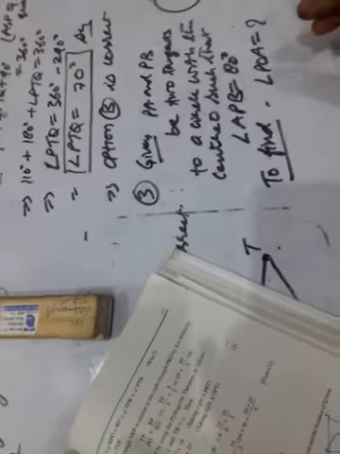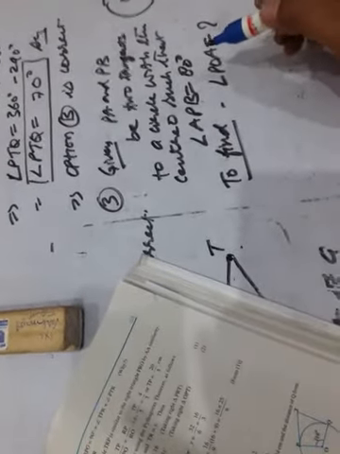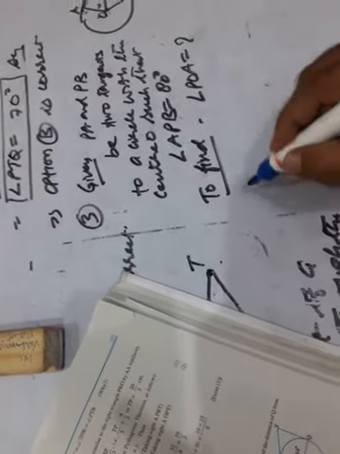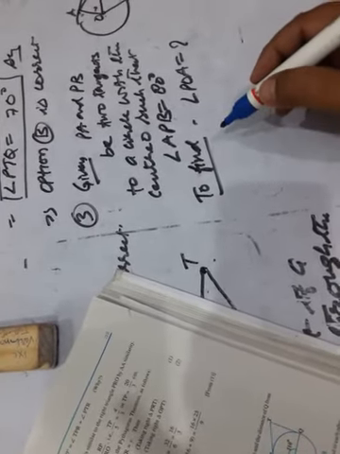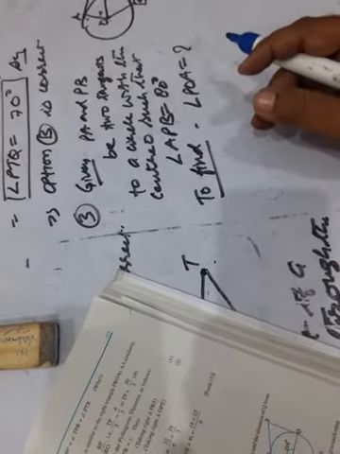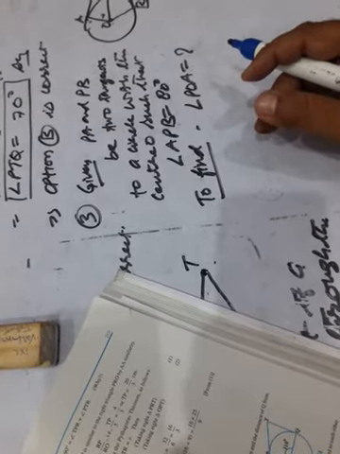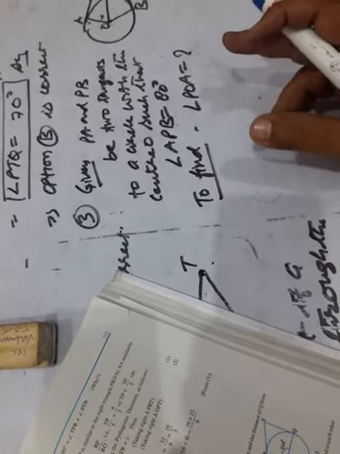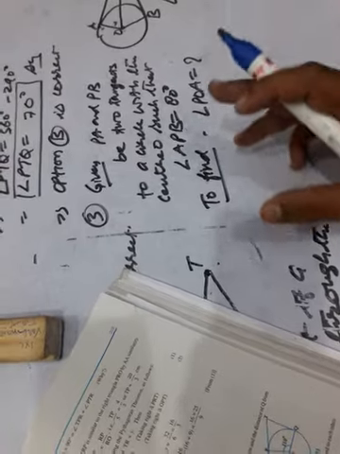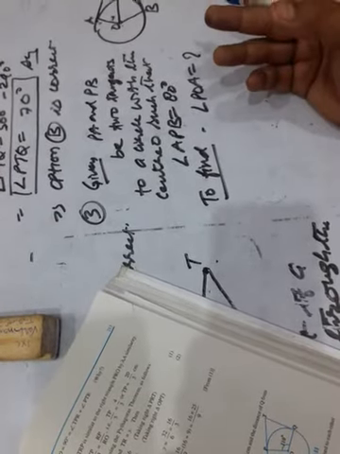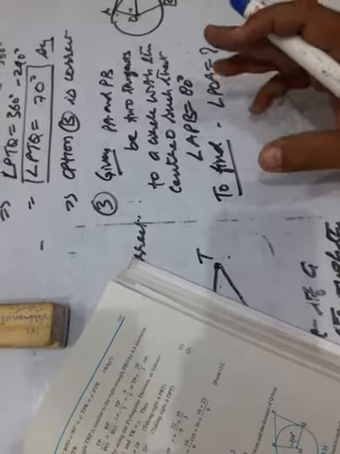Okay children, in this question your theorem 10.2 has to be used. Here what do we know? We know that the length of tangents drawn from an external point to a circle are equal. Theorem 10.2, clear.